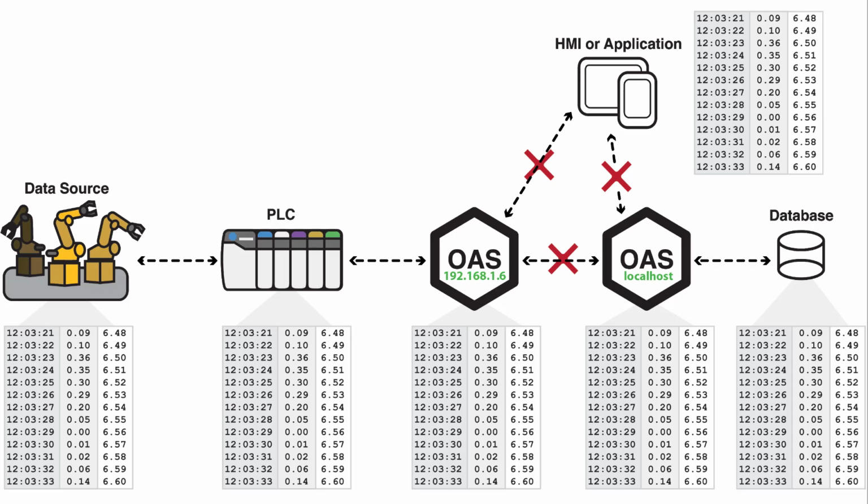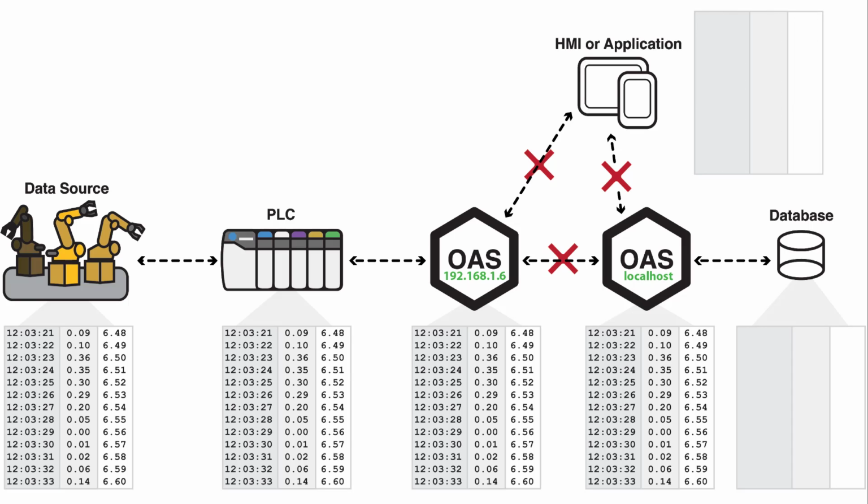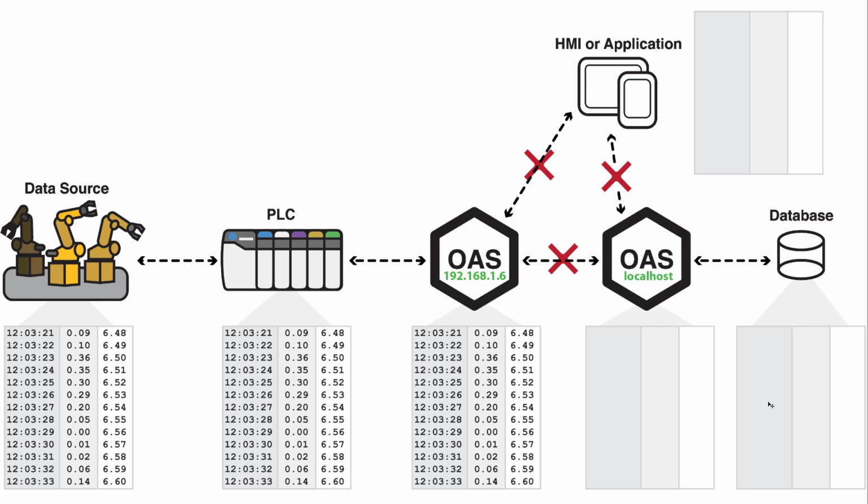So if we look at the data representation of where we've been able to deliver the data, if we have a network failure, all of the data would reside just locally on that system.